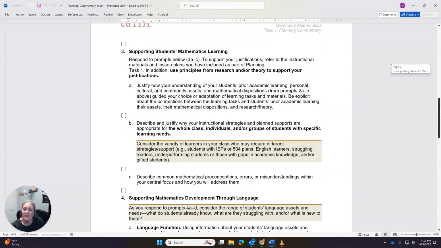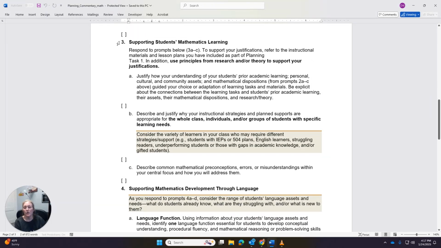So as I'm going down to prompt 3, prompt 3 has this word justification and justify.